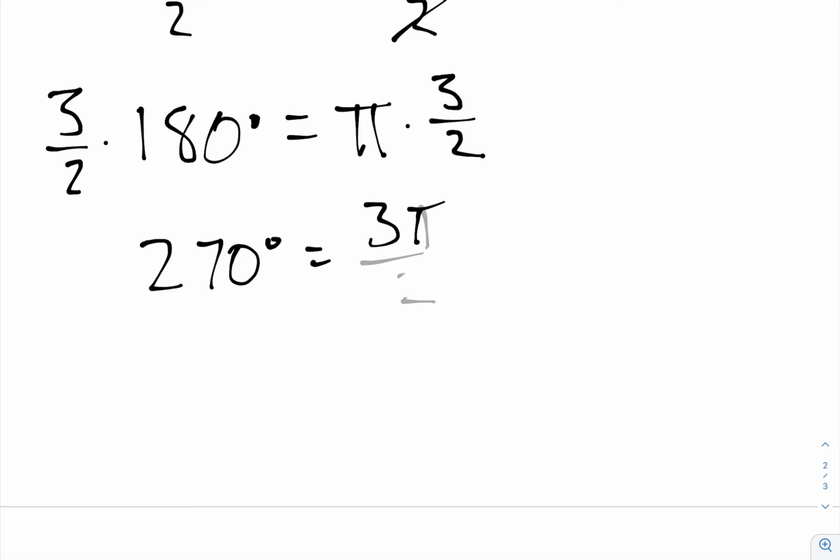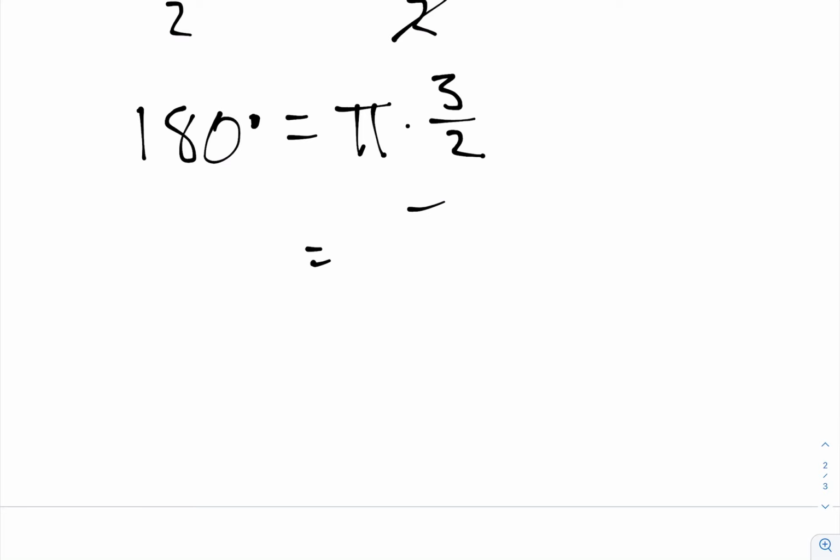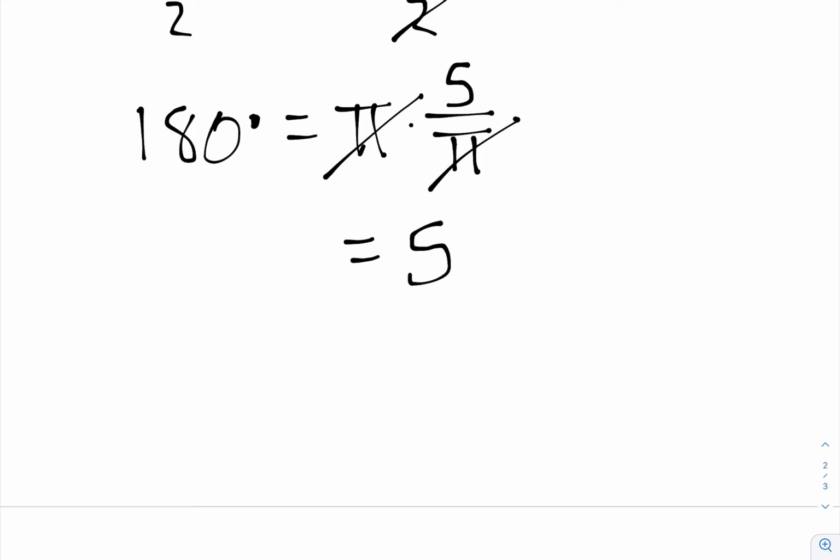Okay, and if you think about it as an equation, you can really solve for any value of radians or degrees. Like, let's say you wanted 5 radians. You would have to multiply this pi by 5 over pi, so those would cancel. On the right, you would have 5 radians. And on the left, you would have to multiply this by 5 over pi.